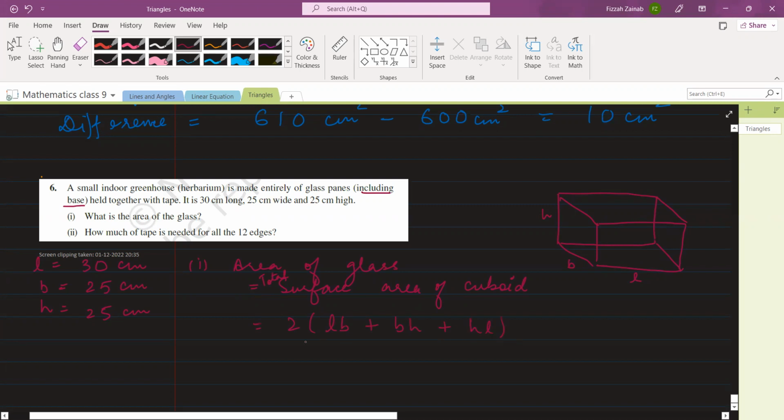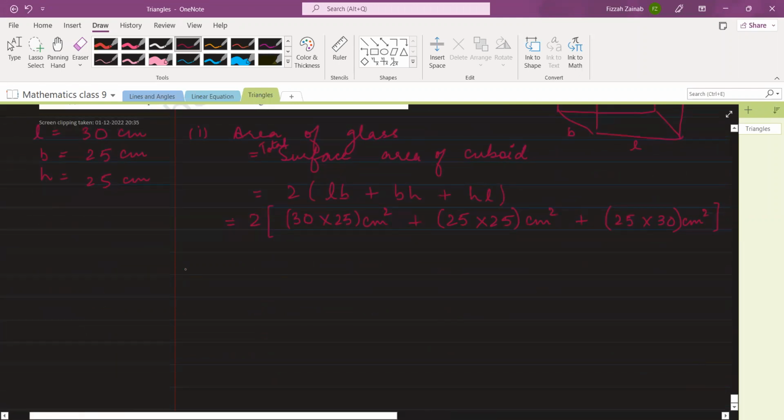Now just put the values and find. So 2 into LB, that means 30 into 25 centimeter square. Because I'm multiplying two lengths which are in centimeters, it will become centimeter square. Plus BH, that means 25 into 25 centimeter square, plus HL, 25 into 30 centimeter square.